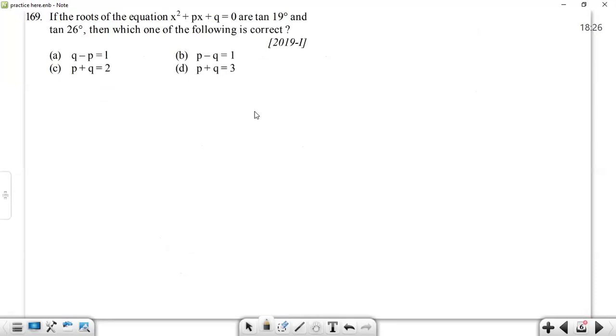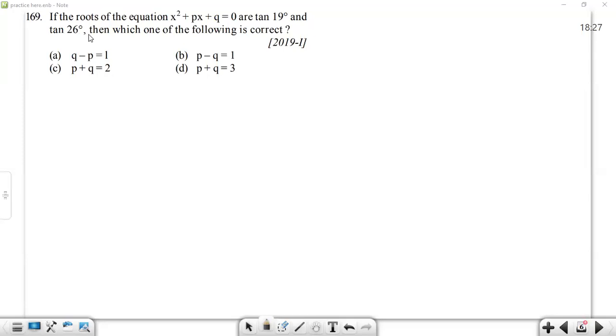This is also logical. Now let's discuss this question. It is given that the quadratic equation has tan 10, tan 19, and tan 26 as roots. Whenever we are discussing angles, we have already discussed the formulas for the sum and difference of angles in trigonometry.